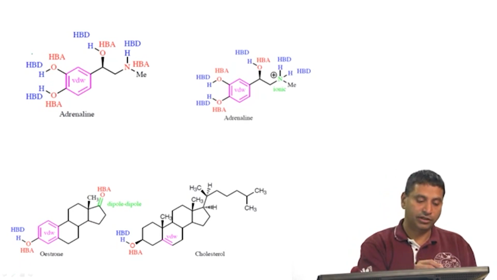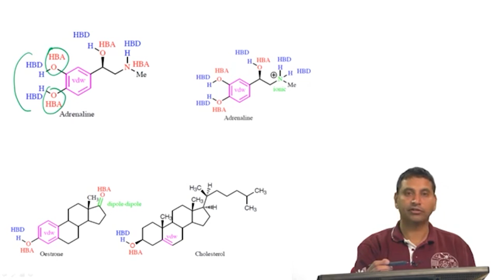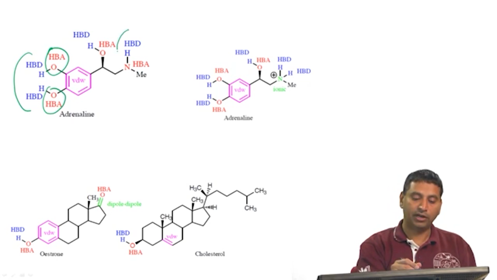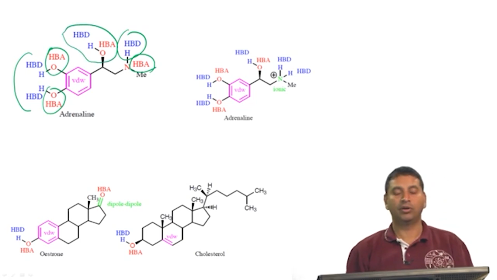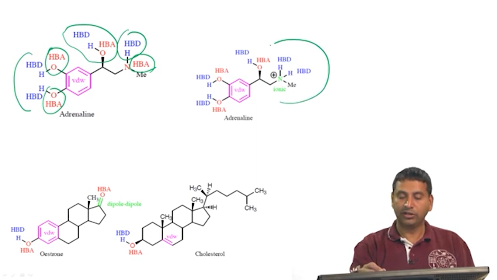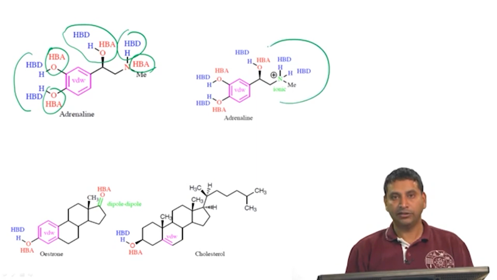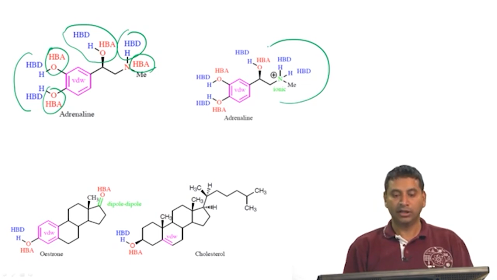So, you can see here that there are hydrogen bond donors and hydrogen bond acceptors in the case of adenylin, and you have a hydrogen bond donor over here, a hydrogen bond acceptor over here, and here is another hydrogen bond acceptor-donor pair. And as we discussed earlier, if it is protonated, then it is going to be ionic over here, and the rest of the hydrogen bond capability is similar.